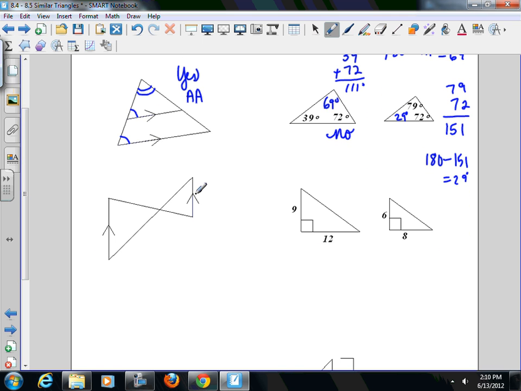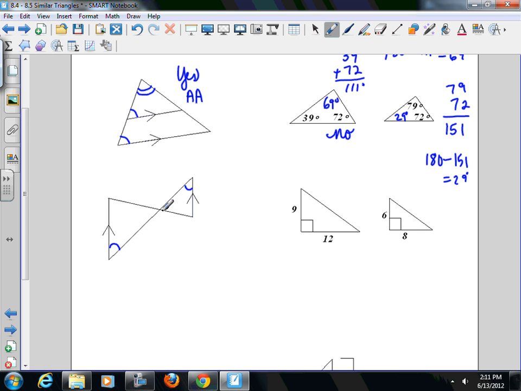Now let's look at these two triangles. We have that these segments on the ends are parallel to each other. Well, when you have parallel lines that are cut by a transversal, which we do right here, we can say the alternate interior angles are congruent. So we know these two angles are congruent.